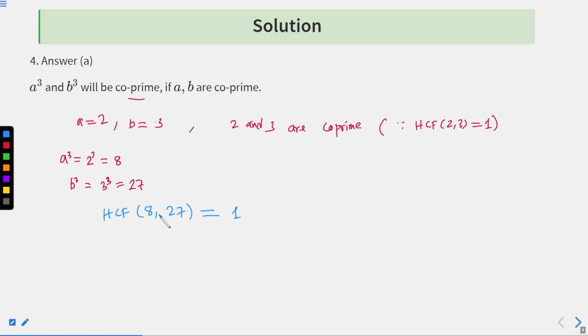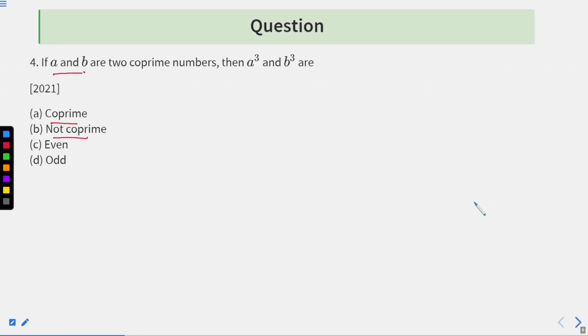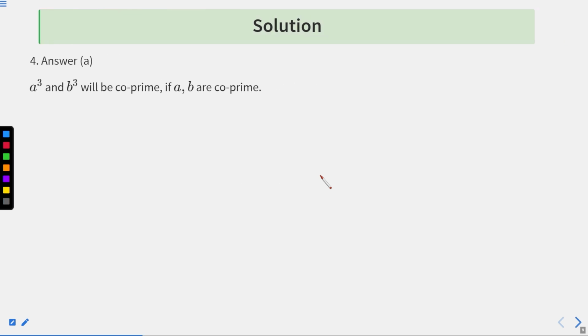So if A and B are co-prime numbers, then their cubes, A cube and B cube, will be co-prime numbers. In option A we have given this, co-prime. So option A is the correct option.